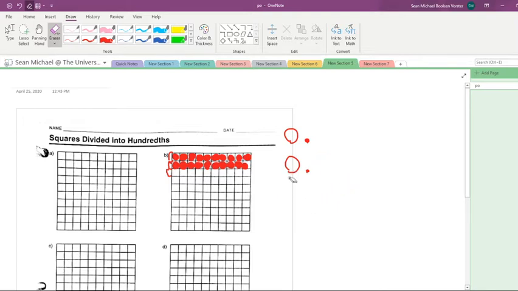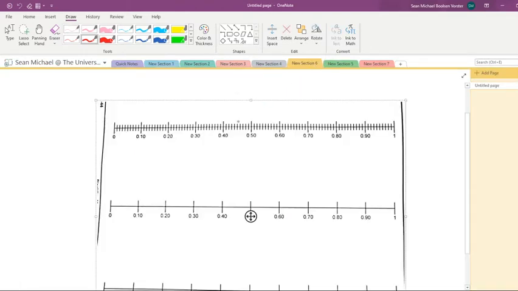Now, just continuing off of there, we're going to talk about how we can organize decimals along a number line. We looked at number lines yesterday, and I kind of showed you this. But if I ask you something like 0.8 or 0.12, which one is bigger?